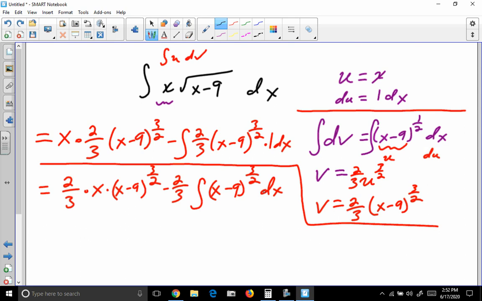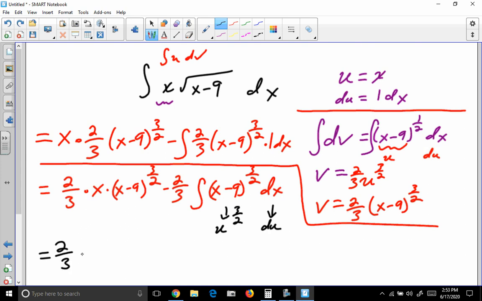So that's an integral we can do. If we let that be u, then du would be just 1 dx. So that's just u to the 3/2 power.